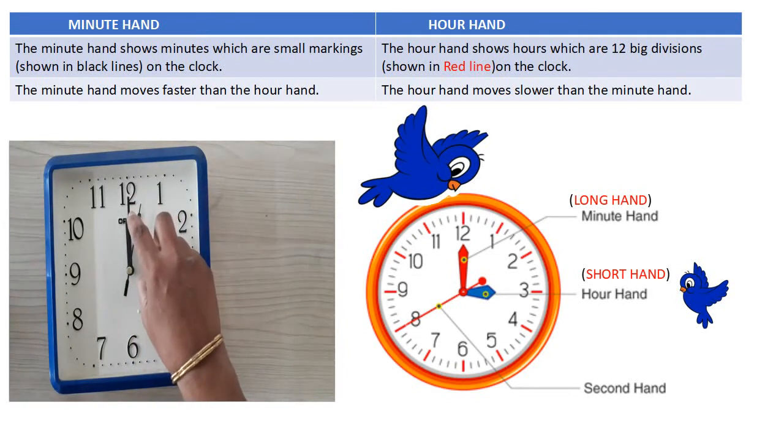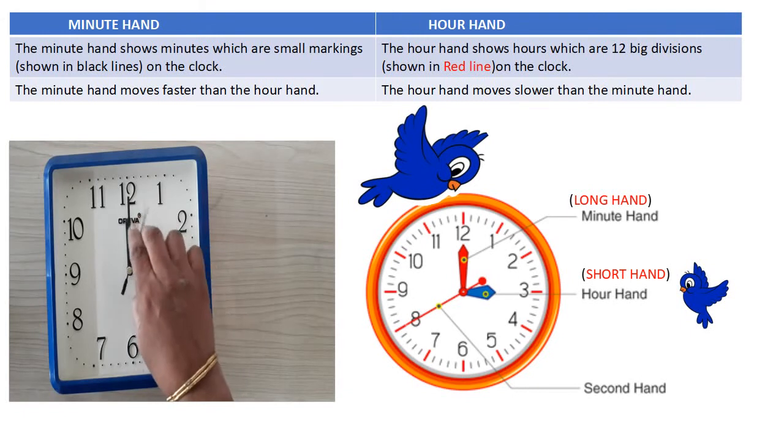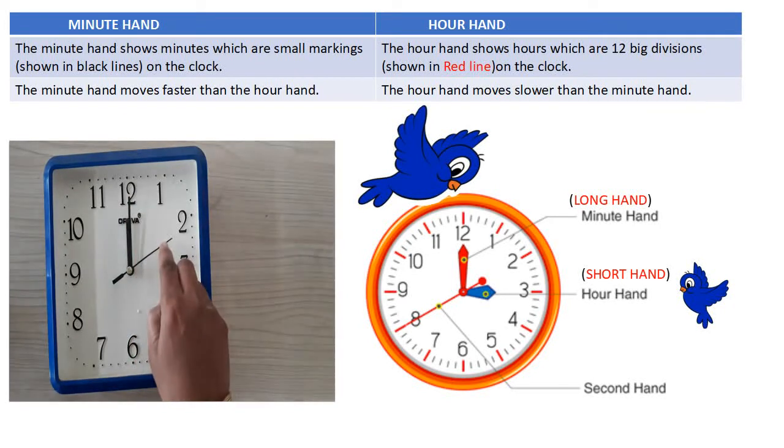When it goes from 12 to 1, it means it covers 5 seconds. When it moves to the next number, that is from 12 to 2, it has covered 10 seconds. If it goes up to 3, then it has covered 15 seconds, right?